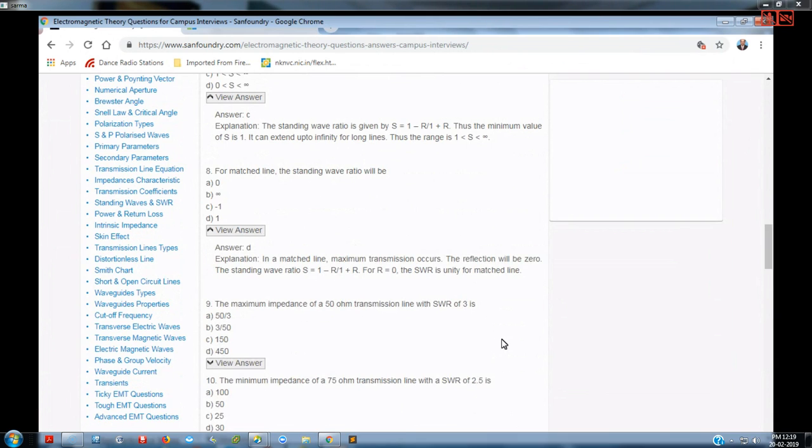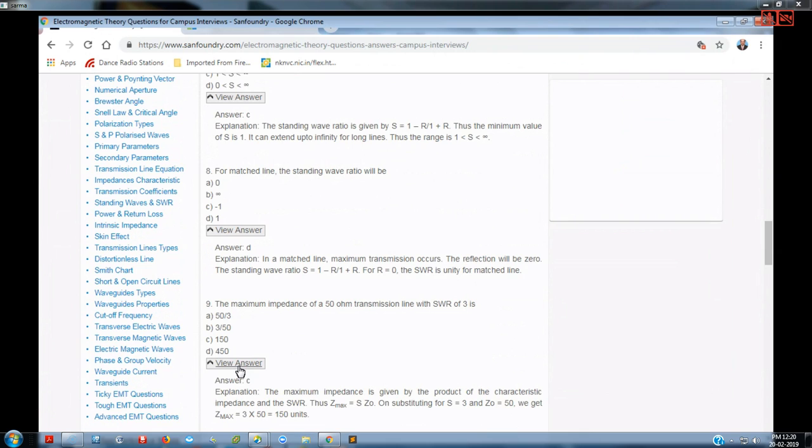And the maximum impedance of a 50 ohm line with VSWR equal to 3 is, VSWR is given and the characteristic impedance of the line is given. So what is the maximum value we can have? You can take RL by R0 is equal to 3. R0 is 50 ohms. So RL must be 3 into 50, so it should be 150 ohms because it is given as maximum impedance.